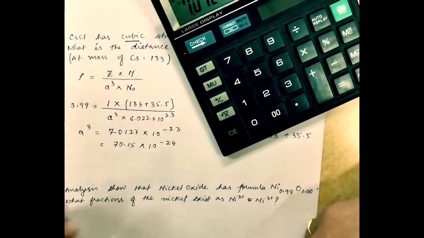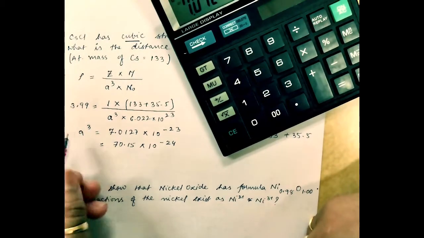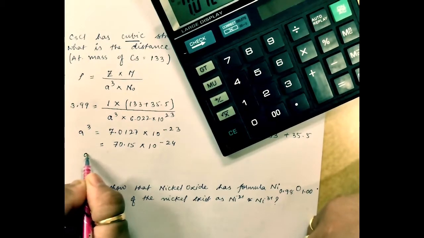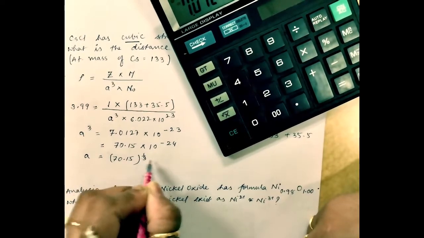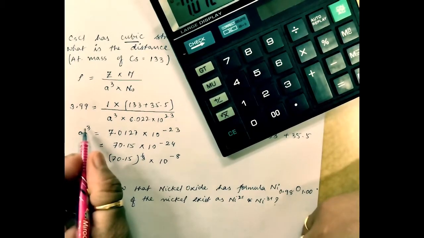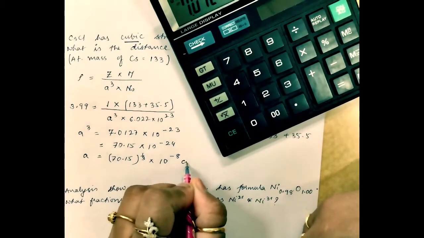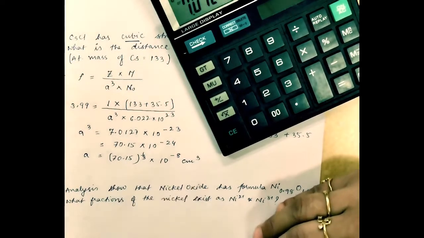The reason for doing this, I hope you are getting me, is because you are having A cube. So A will be nothing but the cube root of 70.15, into 10 to the power of minus 8, as 3 8s are 24, so this will be 10 to the power of minus 8 centimeter.